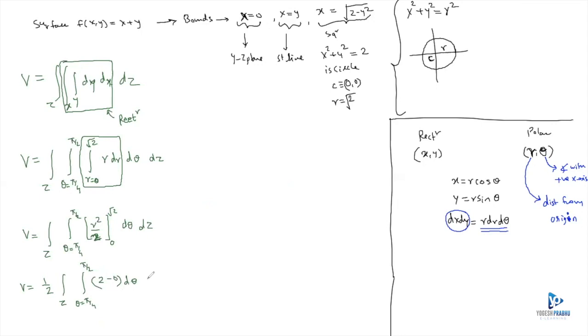D theta, dz. V equals 1 over 2 integral z. I'll cancel out 2 now. This 2 is a constant, right? We'll cancel out this. What is the integral of 1 d theta? Theta, we'll go from pi over 4 to pi over 2. dz. Now what do I get?